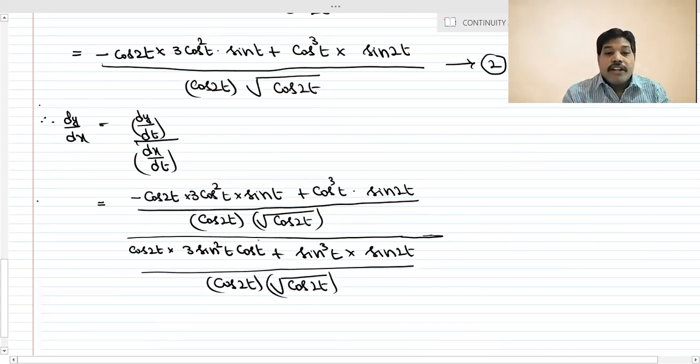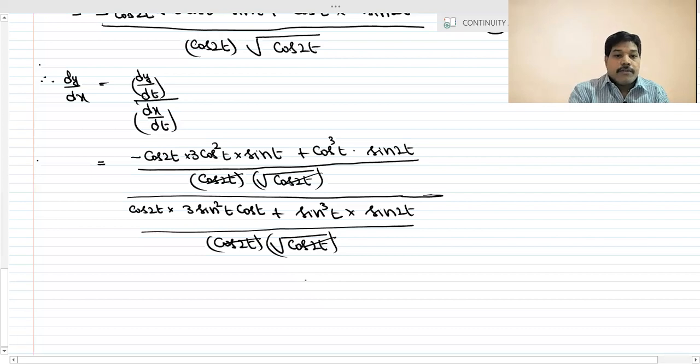So dy by dt value by dx by dt. What are the terms that will be cancelled? Cos 2t and the cos 2t will be cancelled, and the root cos 2t and the root cos 2t will be cancelled. So what happens here? See that carefully, students.